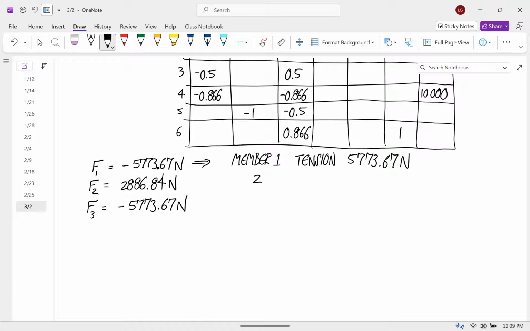Member 2 is, no, this is compression, sorry, it's negative. Number 2 is in tension because it's positive 2886.84. And member 3 is in compression, 5773.67 newtons.